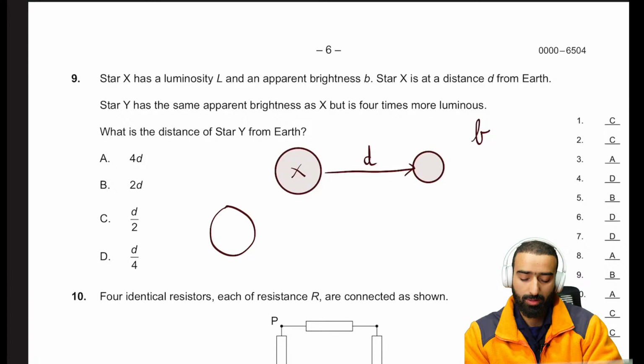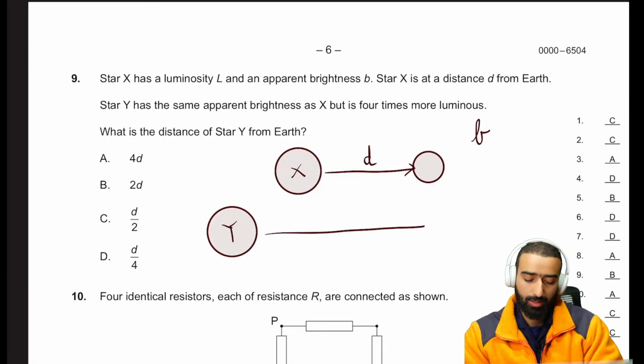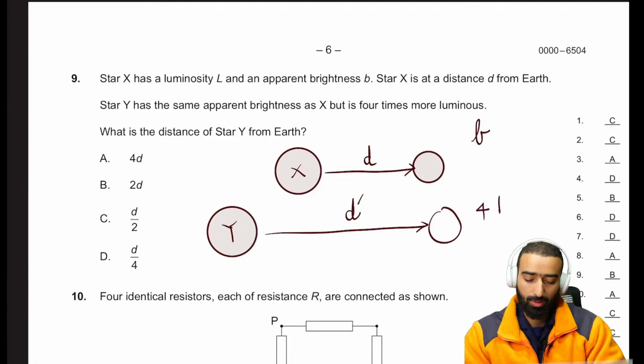Let's suppose the star Y is at some distance D dash.